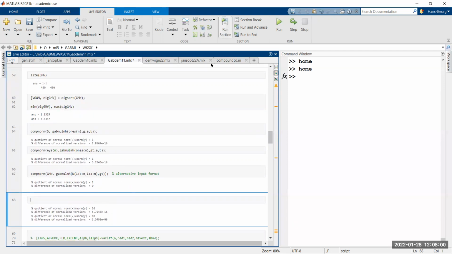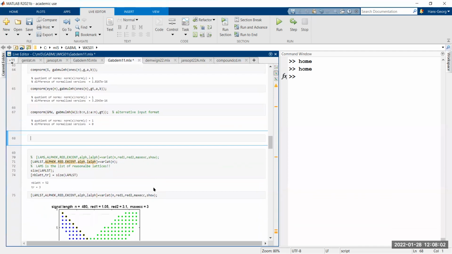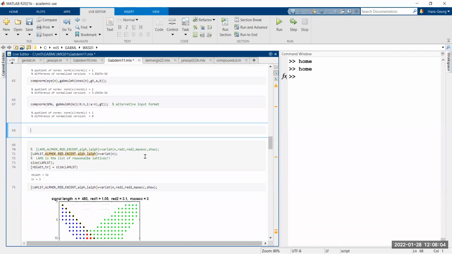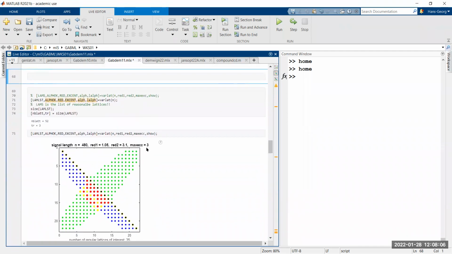Now here is nothing to be done, and therefore let's recall that we have this landscape of lattices. So bar-lat is giving me a variety of things. I should say that this has been done with a minimal redundancy of 1, a maximal redundancy, and a maximal eccentricity.